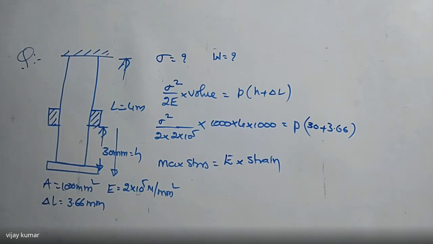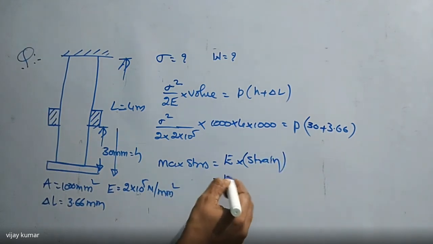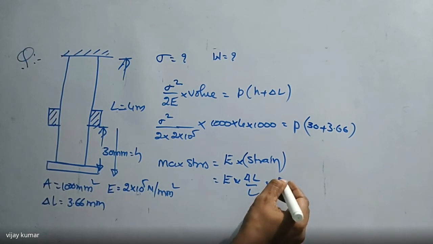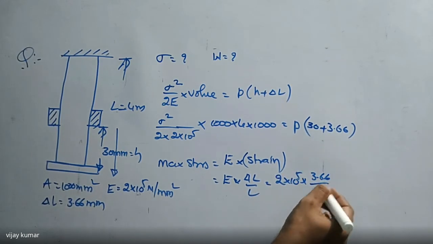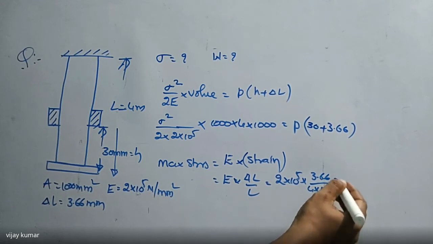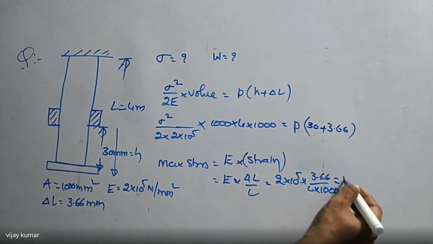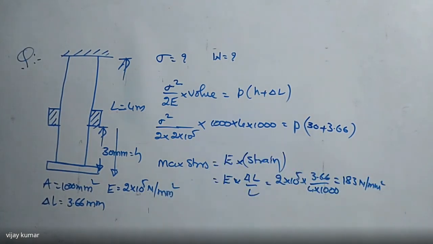Strain is nothing but delta L by L. So stress is E times delta L divided by L, where E is 2 into 10 to the power of 5, delta L is 3.66, and length is 4 into 1000. Then we get the stress value. I got 183, that is 183 Newton per mm square.